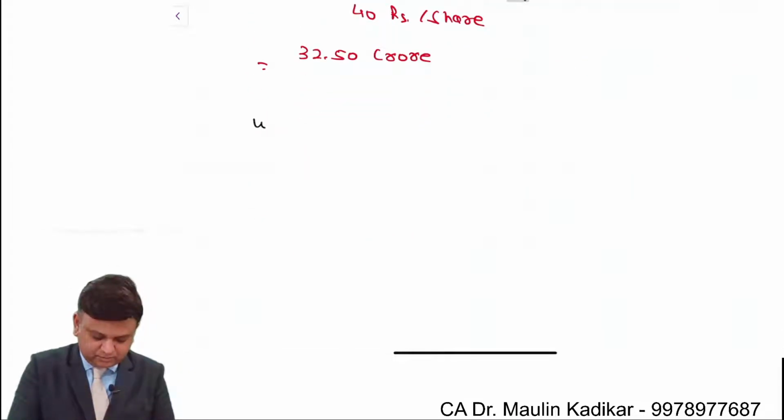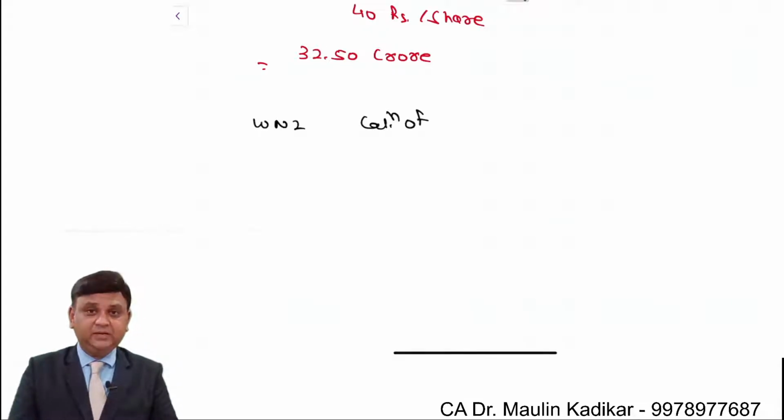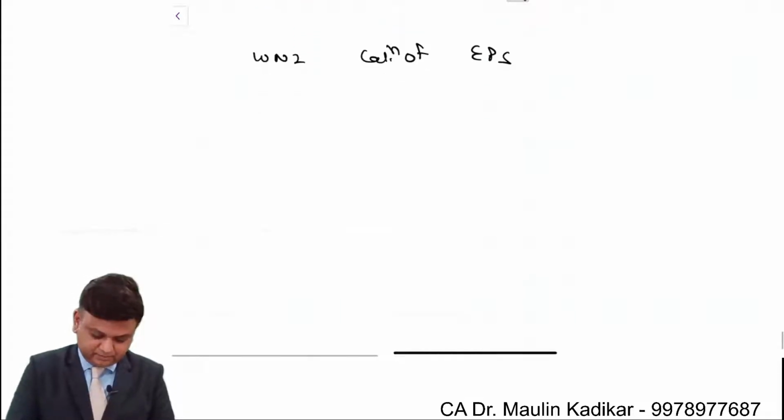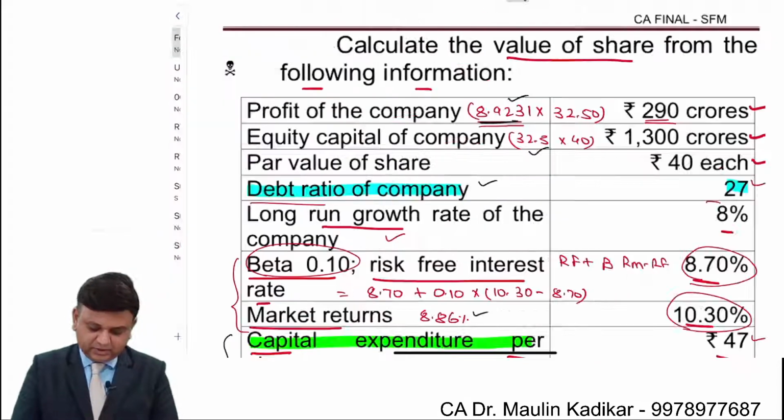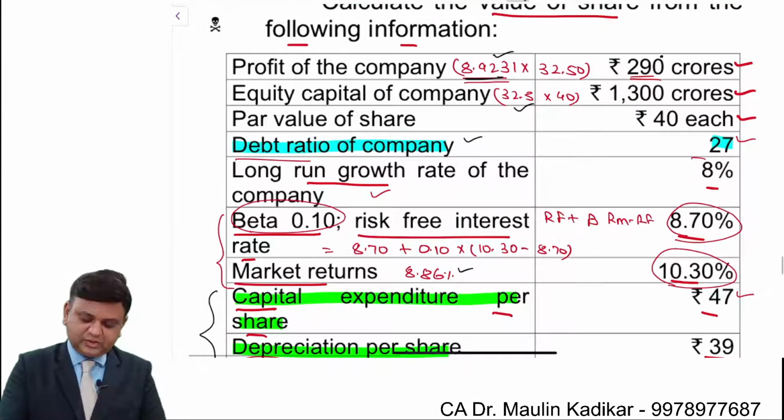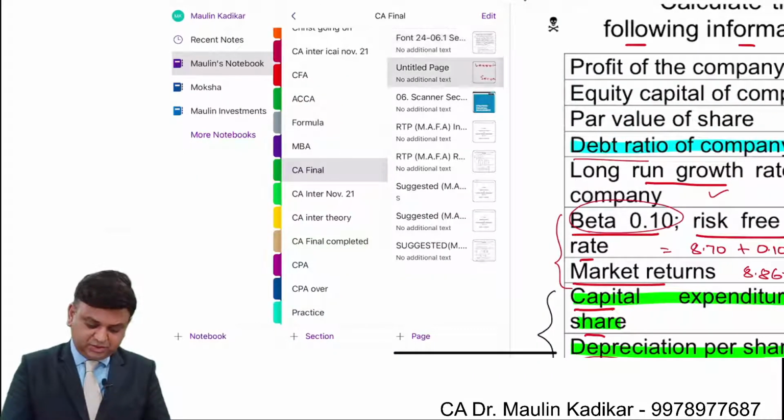Working note number 2: calculation of earning per share. It is profit upon number of shares. The profit information is given to us as 290 crore, and of course we'll assume it to be the earning available to equity shareholders.